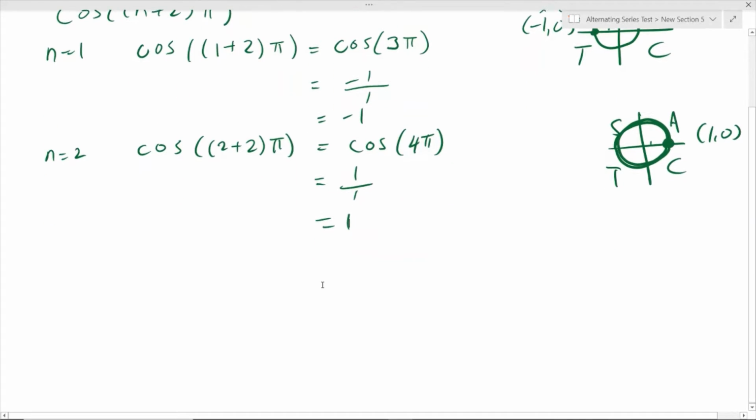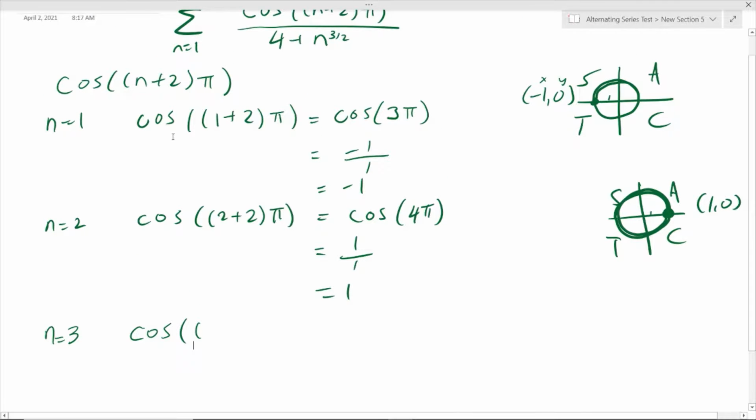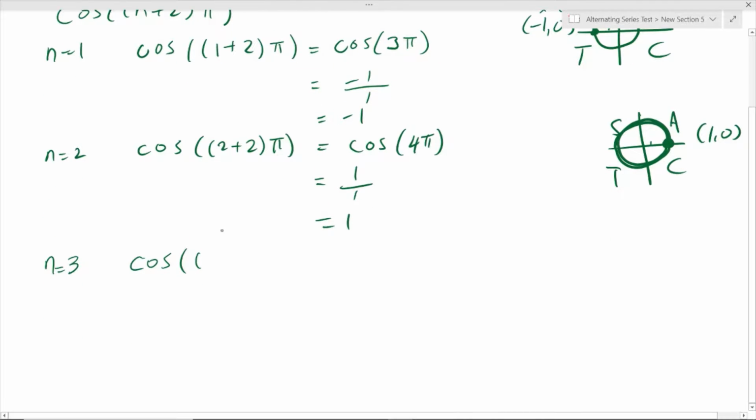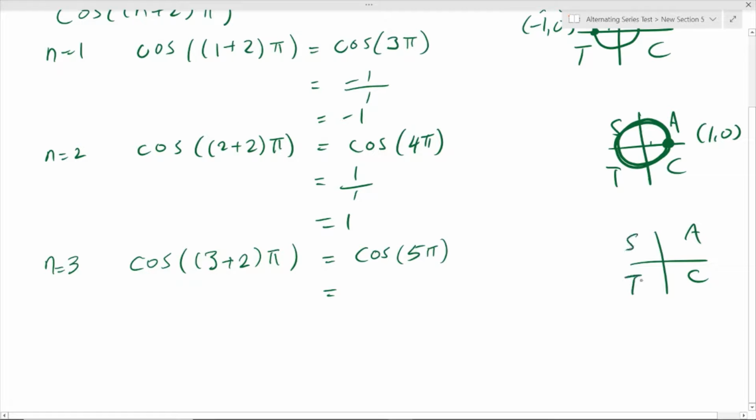Now let's look at n equals 3. For n equals 3, we are going to get cos. We have to plug in 3 into this n, so we're going to plug that right in here. We are going to get cos 5 pi, and cos 5 pi, let's look at this diagram again, CAST.